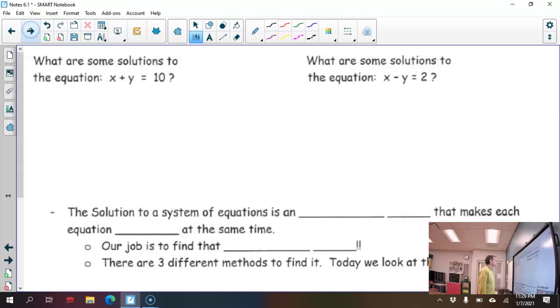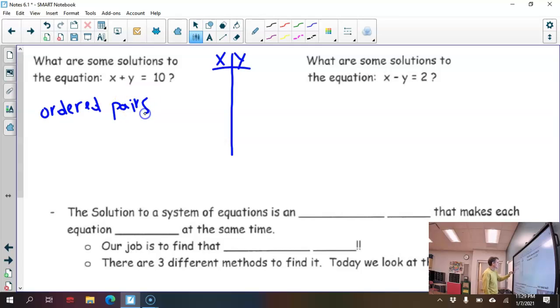All right, so I have a couple examples here. What are some solutions to this equation? All right, so this equation has two variables, and solutions to it would be ordered pairs that make it true. That's all we need, some ordered pairs that make this equation true.